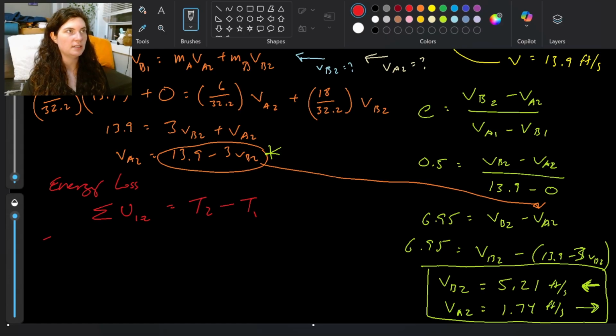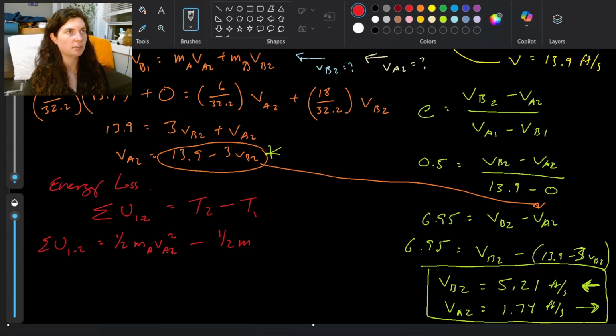So to find this energy loss, my initial kinetic energy is going to be 1/2 m_A v_A1 squared. And then we know the box has no initial kinetic energy, so I'm not even going to waste our time with that one. Minus our final kinetic, oh, I have these backwards, sorry.